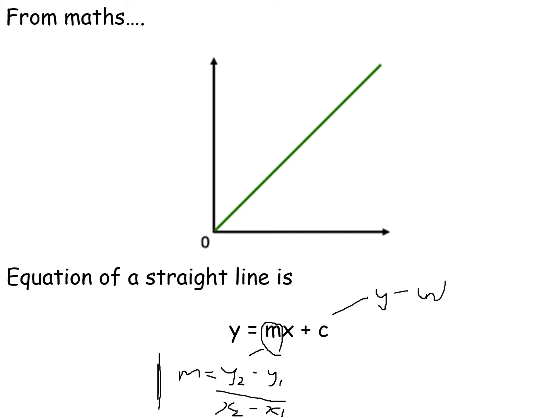We're going to be using these concepts later on, as you'll see. And y and x correspond to your y-axis and your x-axis. So that's the basic knowledge I expect you to have as we go into this topic.